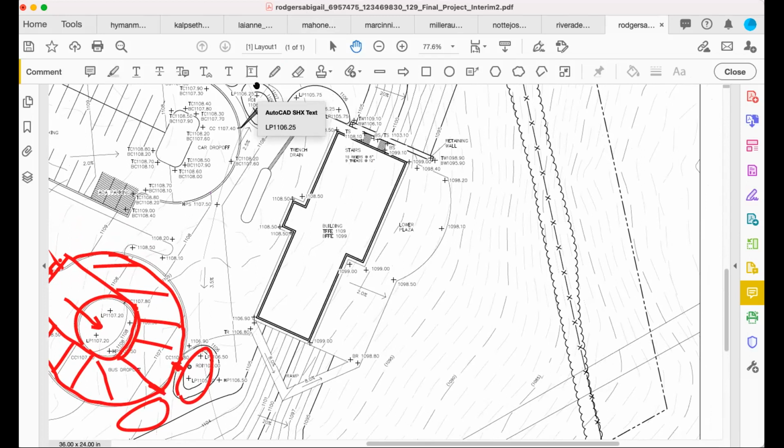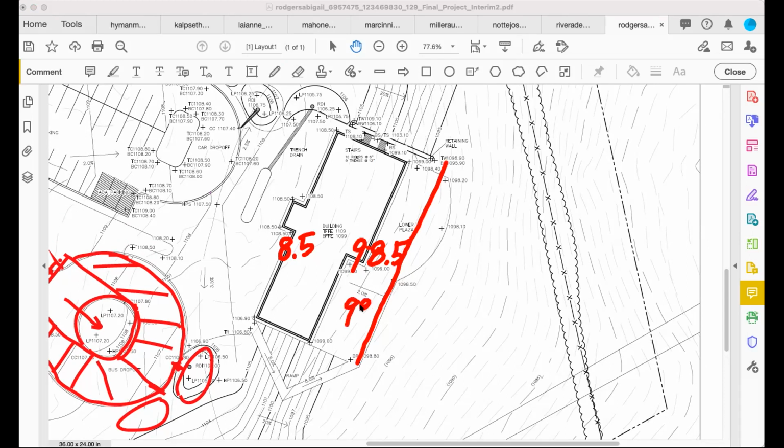For this one, if our top FFE is 8.5, bottom FFE would be 98.5, and 98 will be somewhere here. So your 5, 6, 7, your 7 would need to be moved a little bit to accommodate the new 8. Yeah, 7 would be probably like that, and your wall would be like this.